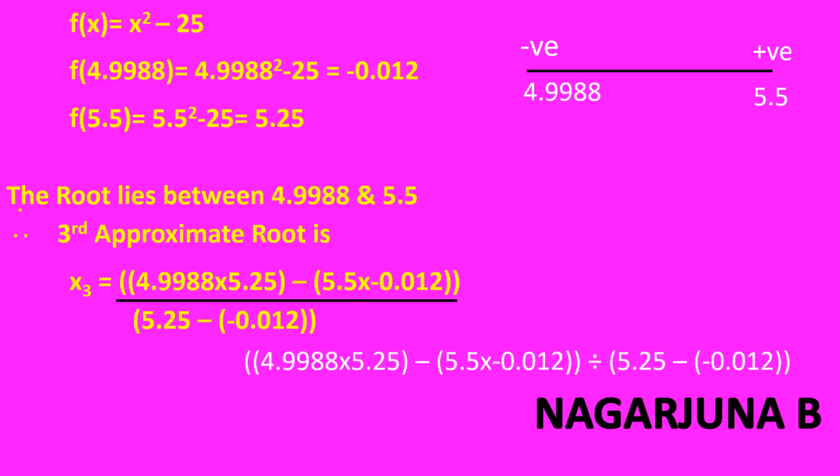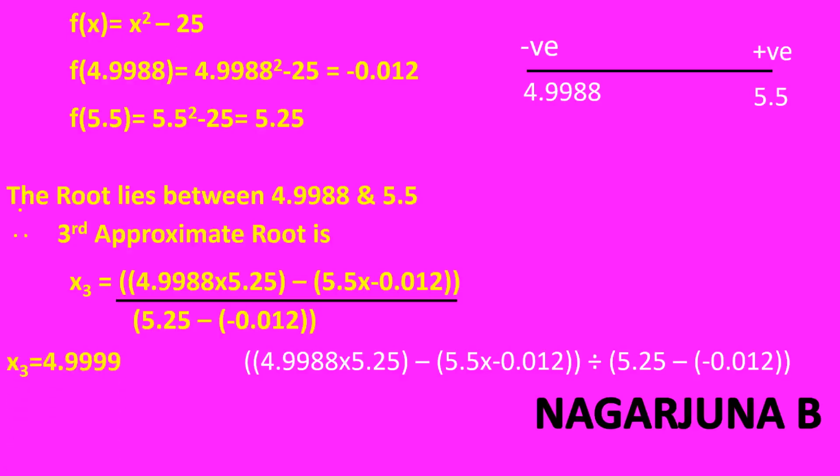4.9988 into 5.25, close the bracket, minus, open the bracket, 5.5 into minus, here use the small minus sign which is present in the calculator, 0.012, close the bracket, again close the bracket, divided by, open the bracket, 5.25 minus, open the bracket, minus, here it is a small minus sign, 0.012, close the bracket, again close the bracket.